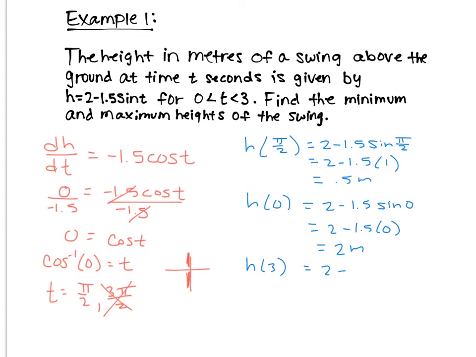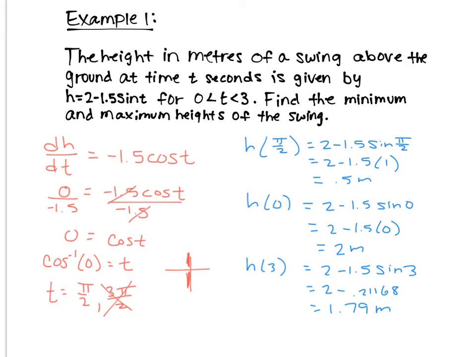So that gives us 2 minus 1.5 sine of 3. And I need a calculator for that one. So let's see, sine of 3 times 1.5. So that gives me 0.21168. And so when I do 2 minus 0.21168, that gives us a height of 1.79 meters.